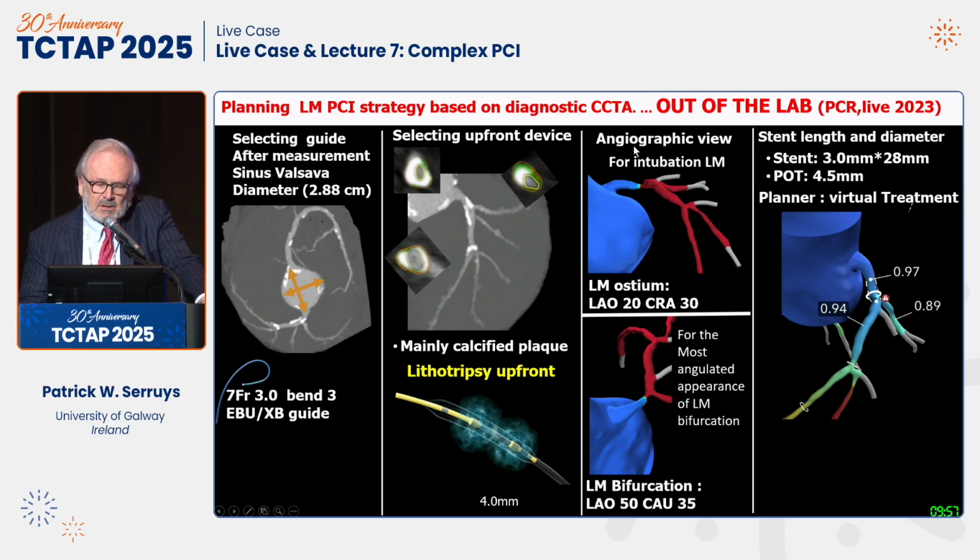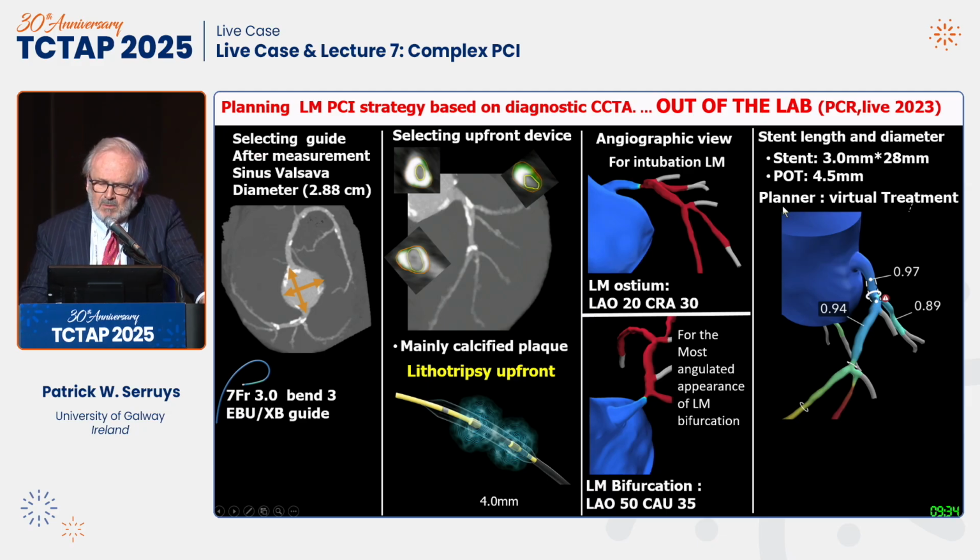We were selecting the angiographic view for intubation of the left main in LAO 20, CRA 30, for the optimal angle of the left main before the procedure. And we were also selecting the stent length and diameter and the POT.